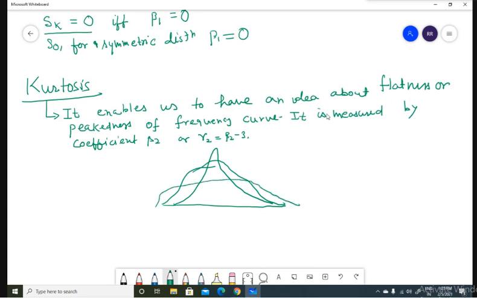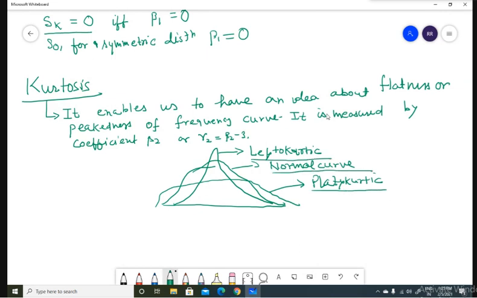This peaked one is known as leptokurtic, this is known as the normal curve, and this flat one is known as platykurtic.